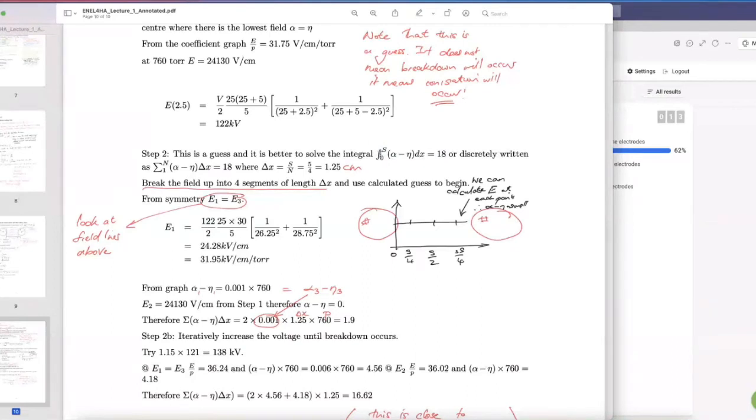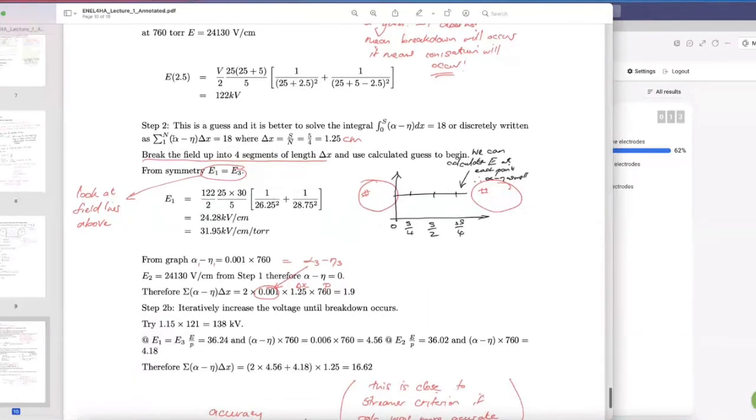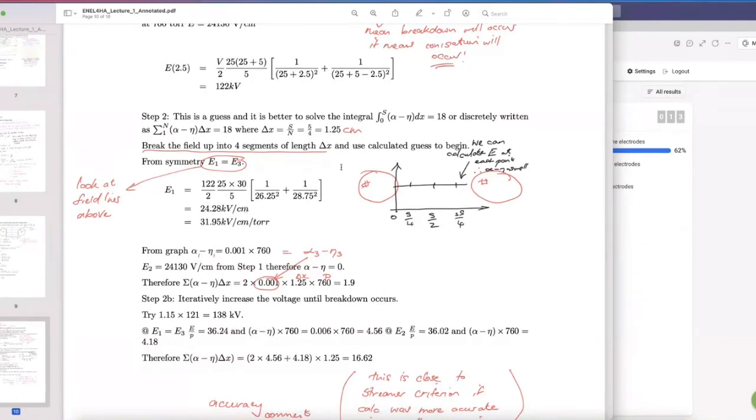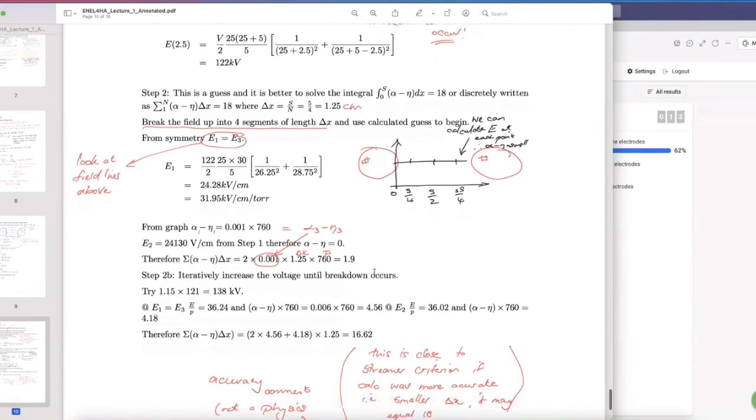So we're going to look at where that integral across the gap equals 18. We're going to break the gap into a number of components of dx and calculate alpha minus eta for each of those components. In our case here, we're just going to break it into 4 segments of equal length of delta x. Right, we can then calculate E at each point.